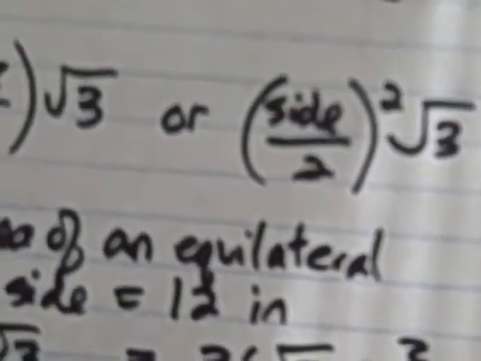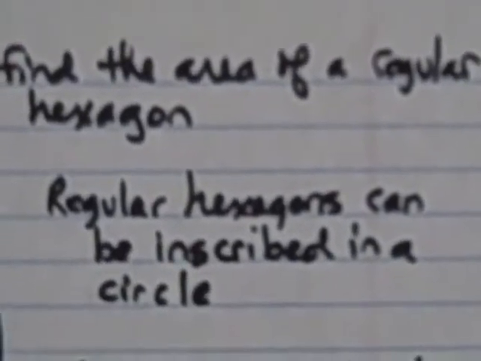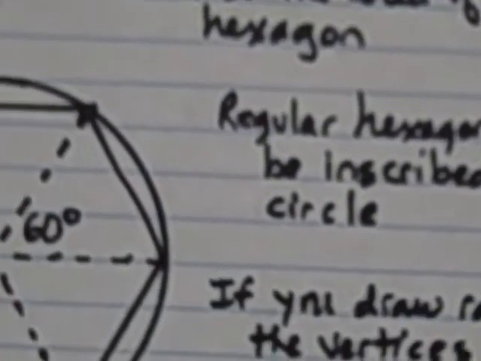Now, we started off with regular triangles, or equilateral triangles, because our third objective is to find the areas of regular hexagons. Now, here's what's interesting. A regular hexagon can be inscribed in a circle, which we've done right here.